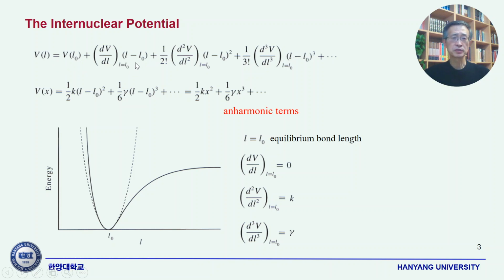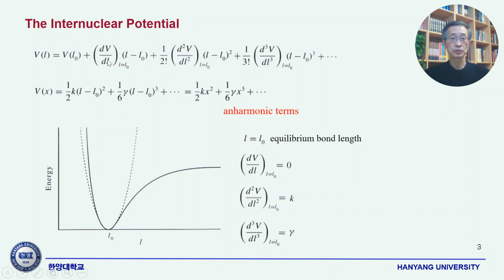That displacement is from the distance from L0, which is the equilibrium length or position. So L minus L0 is the displacement in this case. And then from the energy at the equilibrium distance or position. And this is the zeroth term, first order, second order, third order, and so forth.